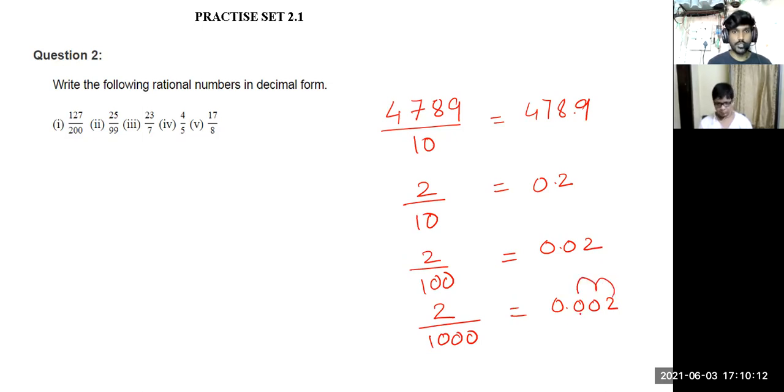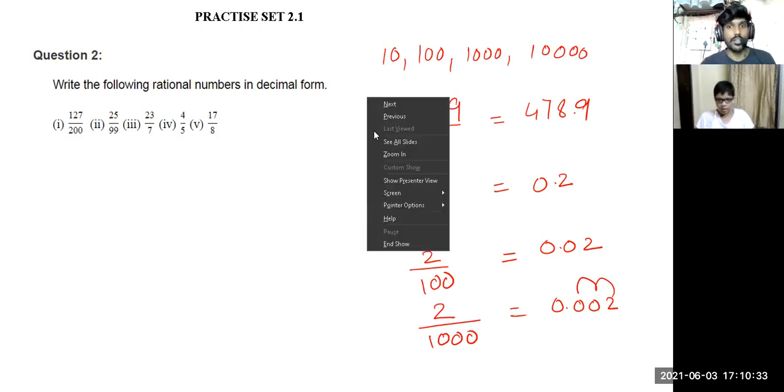Understood? So now you know when the denominator is of the form 10, 100, 1000, or even more than 1000, you know how to write it in decimal form. Just put the decimal point depending on how many zeros are there.